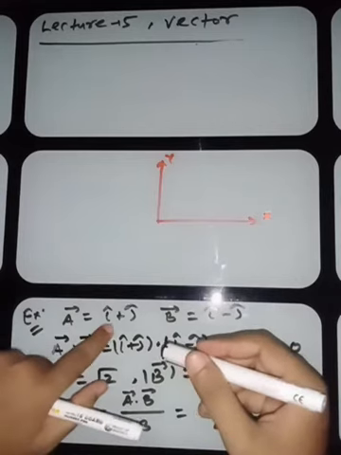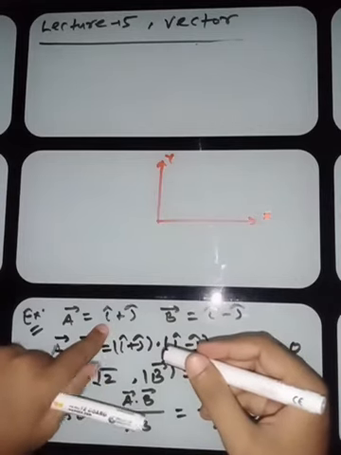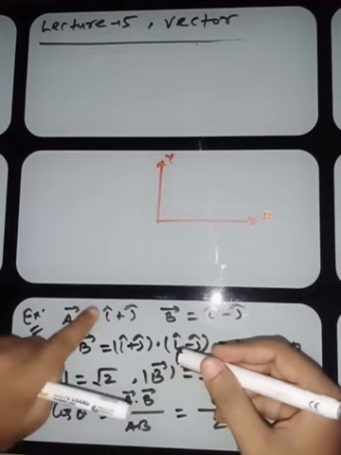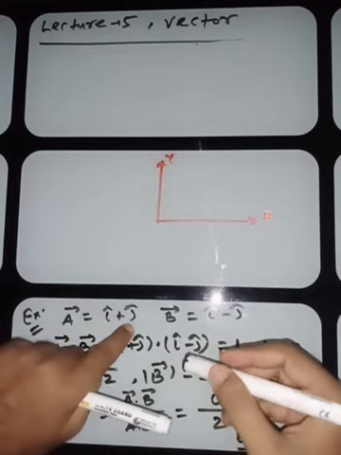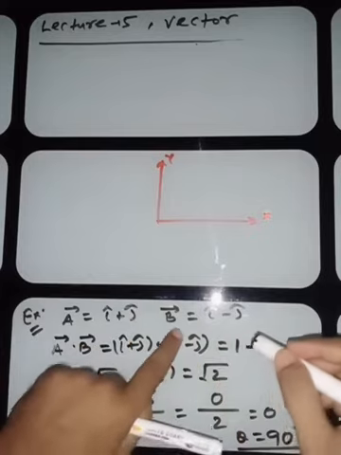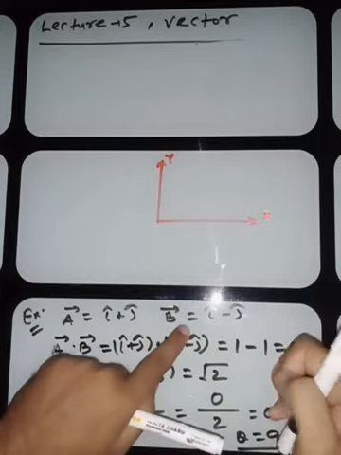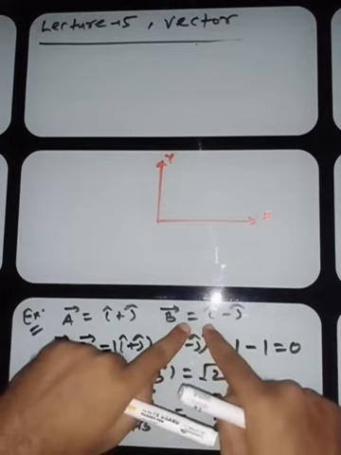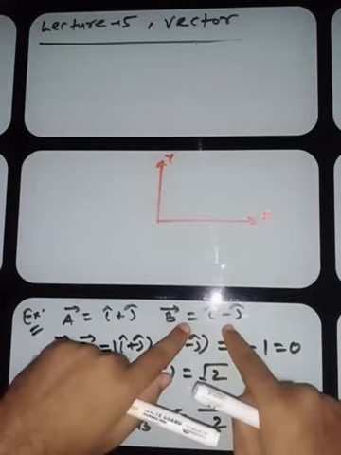For i plus j, the magnitude of this vector along the x-axis is 1 unit, and along the y-axis it is also 1. For the vector B, the magnitude along the x-axis is 1 and along the y-axis it is minus 1.